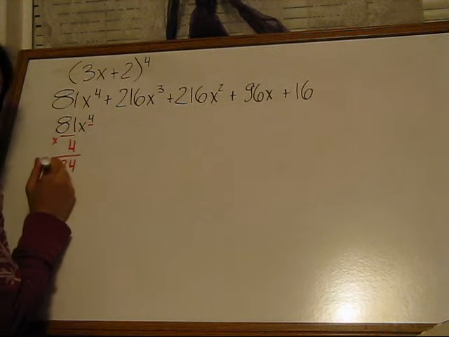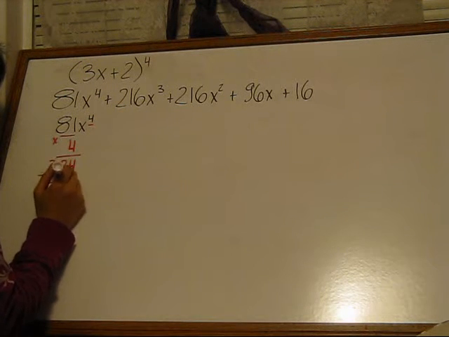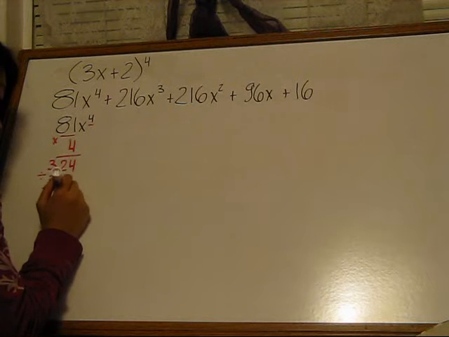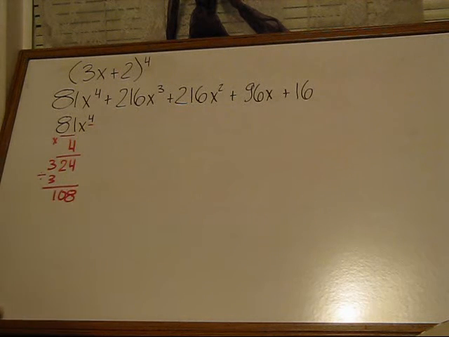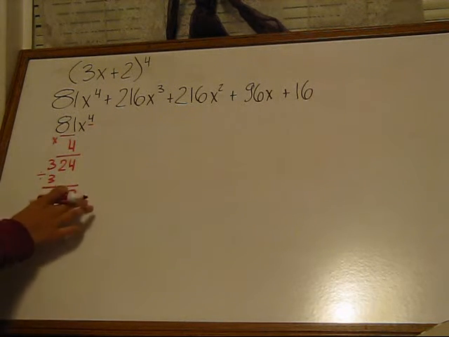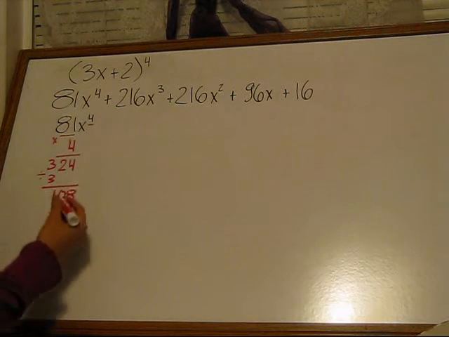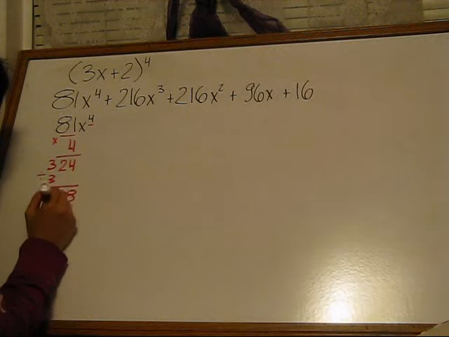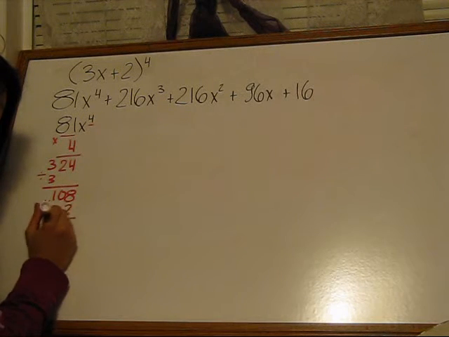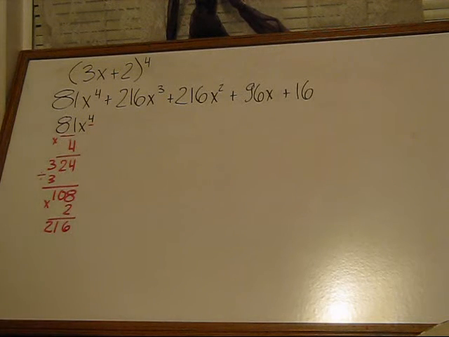So divide, and that would be 108. Then you take this number and multiply it by this term, which is 2. Multiply, that's 216. And that should be your next term.